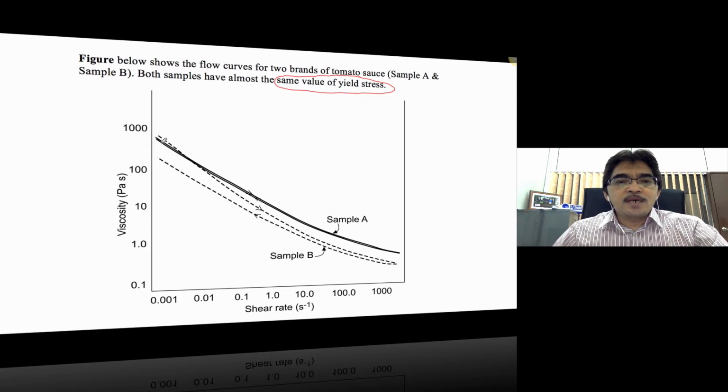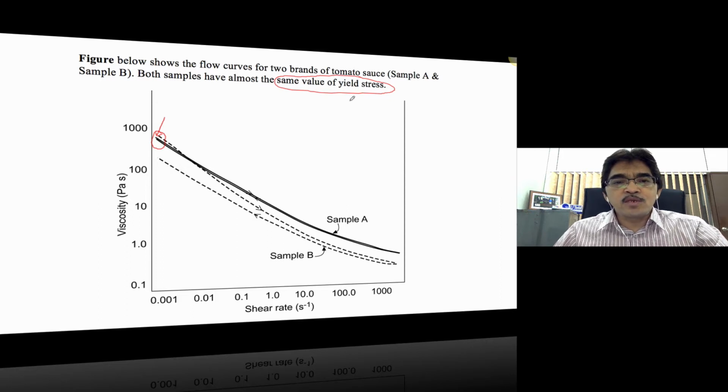You can see here the starting point at a low shear rate for both samples A and B. A is the continuous line, and B is the dashed line. Both start more or less at the same point, which means that they have more or less the same yield stress.